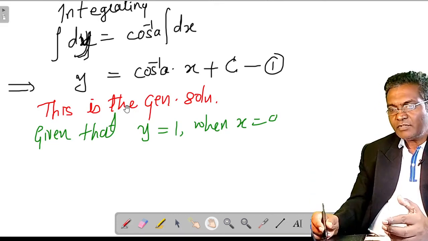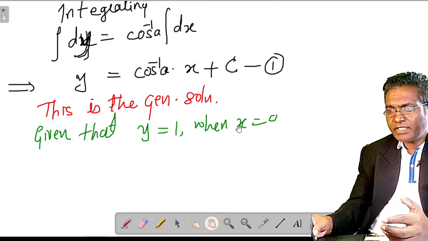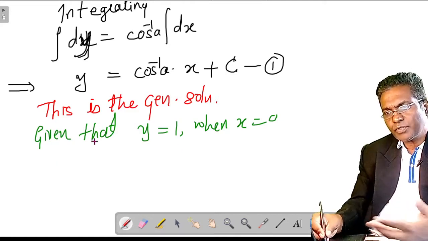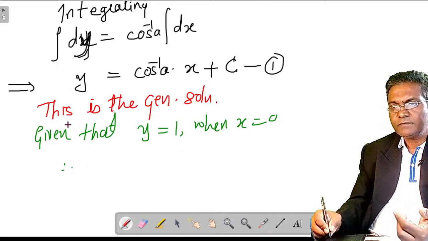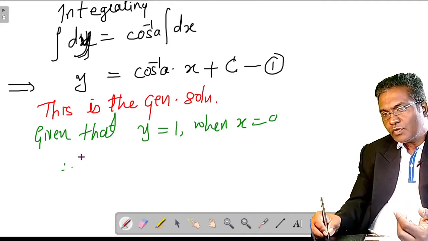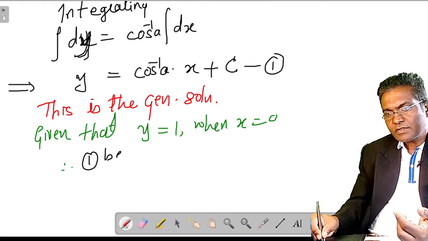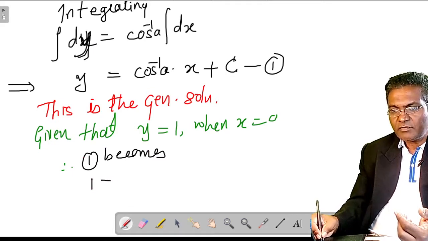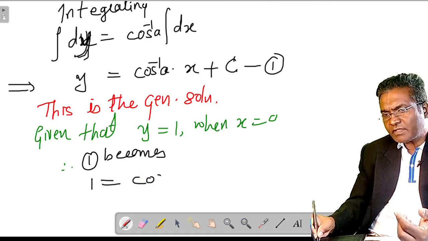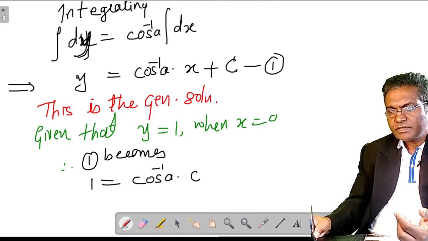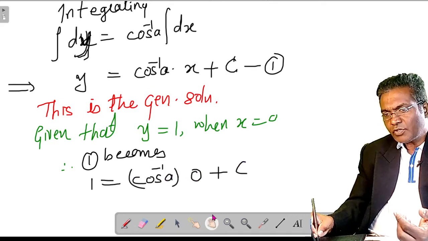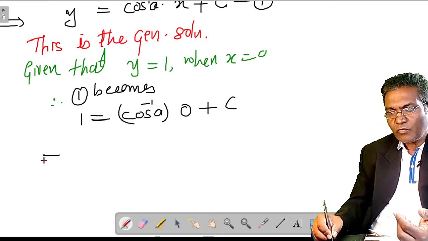And you are given that this curve passes through the point 0, 1. So this point satisfies this equation. So put here. Therefore 1 becomes, substituting, 1 equals cos inverse of a, x as 0 means this full term becomes 0, plus c. So you got the value of c as 1.